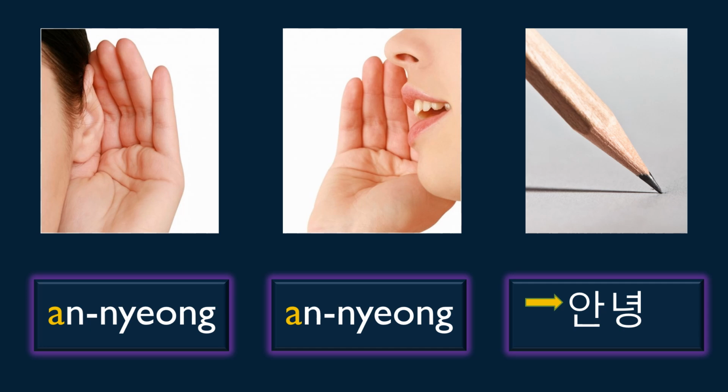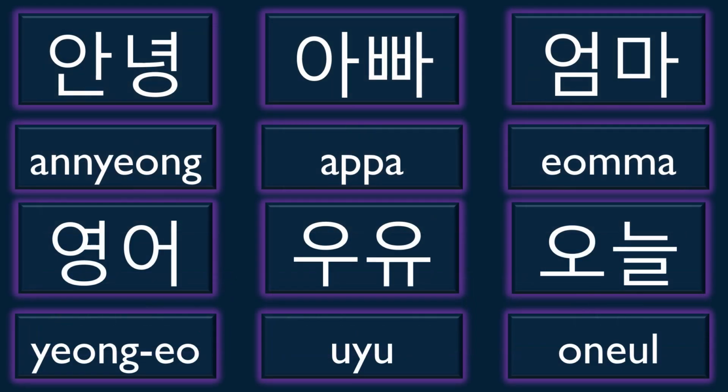Since it doesn't have a consonant sound at the beginning, we must use the silent consonant ieung. Every time we see the silent consonant in the initial position of the first syllable of the word, we should keep in mind that if we read the word, it must begin with a vowel sound.